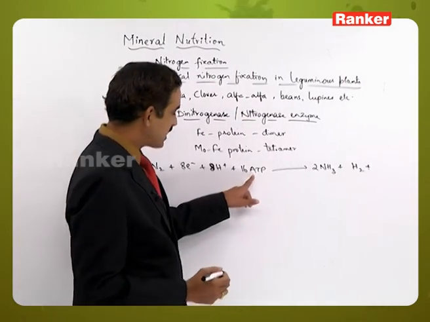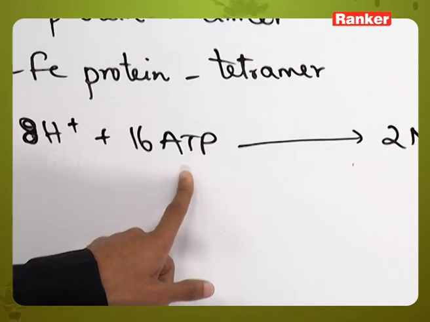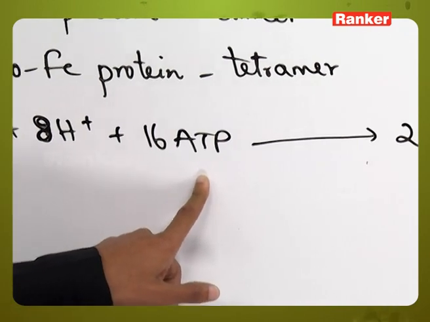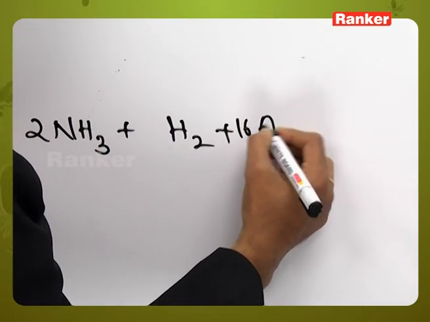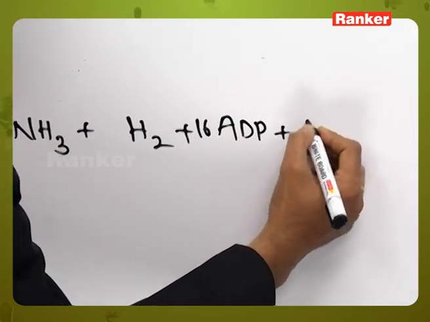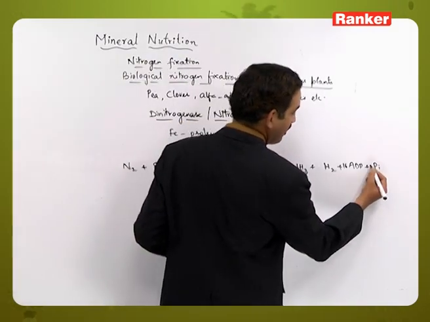So here the ATP will undergo splitting and release some energy and form into 16 molecules of ADP and inorganic phosphates. So here these are also 16 molecules.